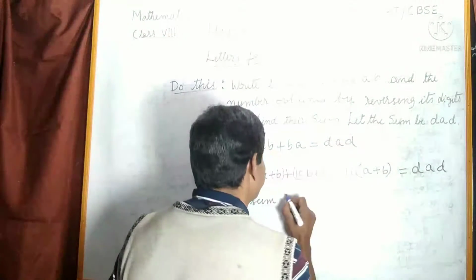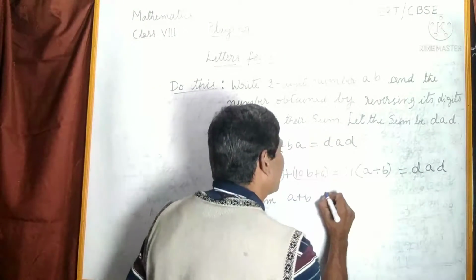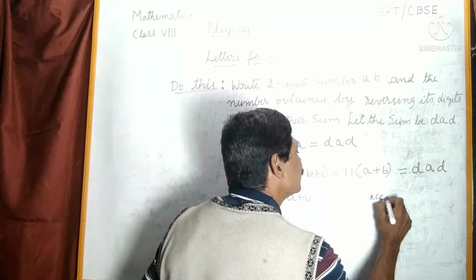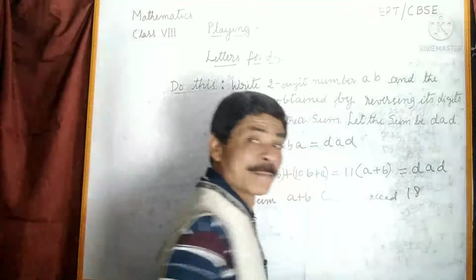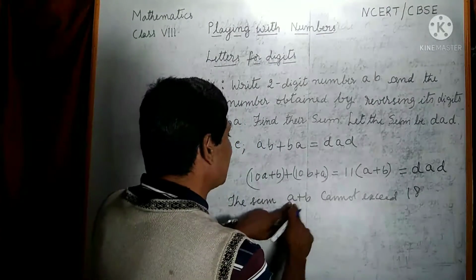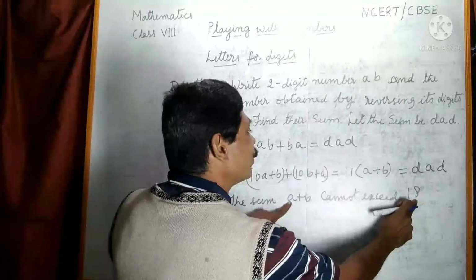The sum A plus B cannot exceed 18 because the highest digit we can take is 9. That means 9 plus 9 is equal to 18.